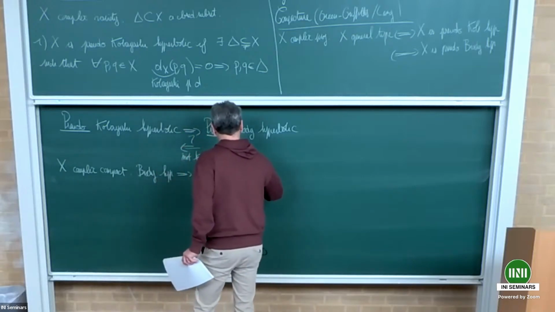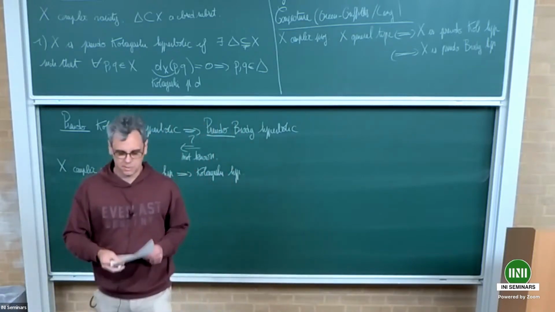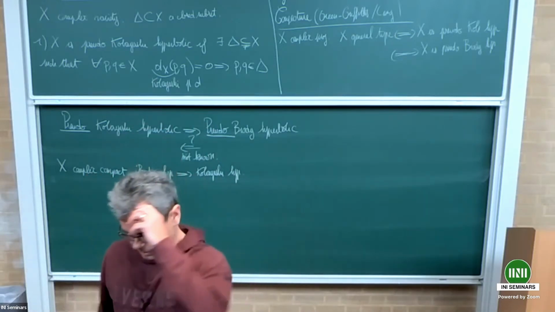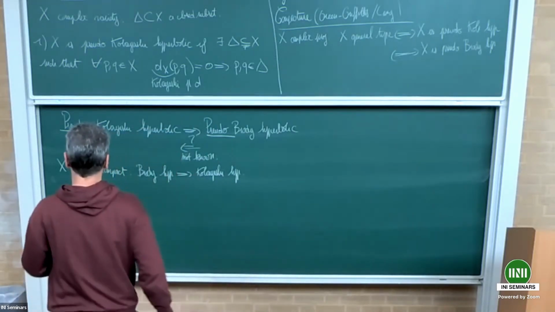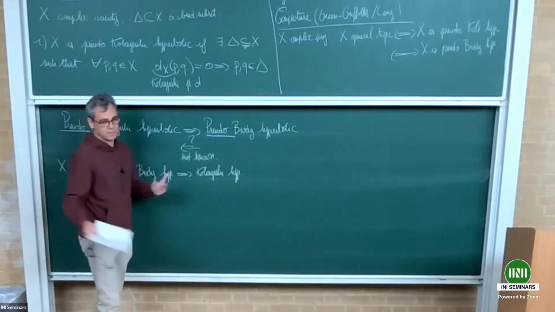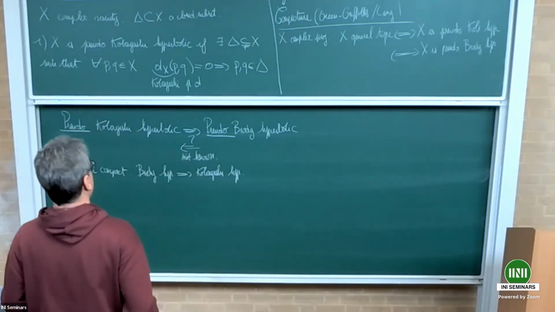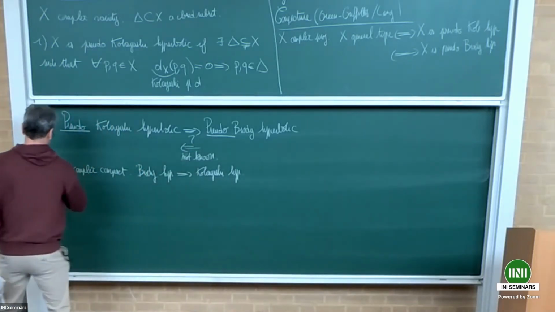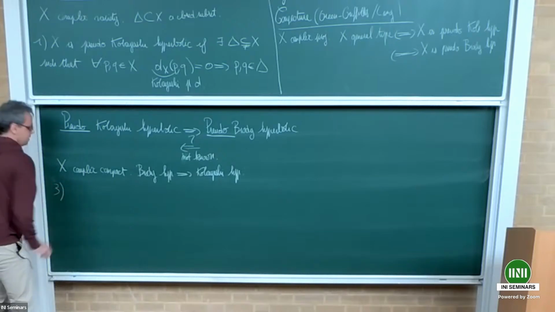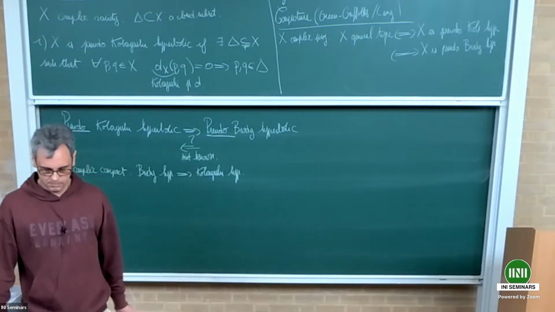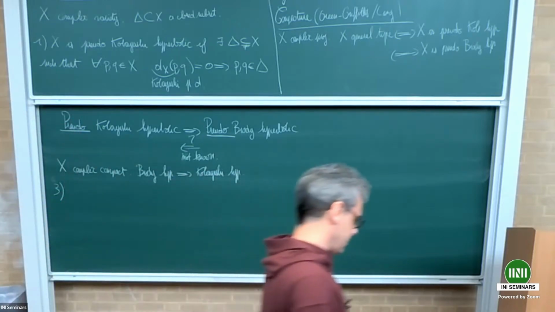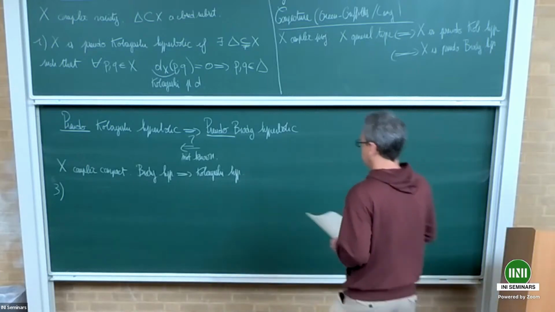So this is the famous criterion of Brody in the case of compact varieties. But in the pseudo case, so when there is some delta, this is not known. And in fact, Yamanoi will prove something even stronger.